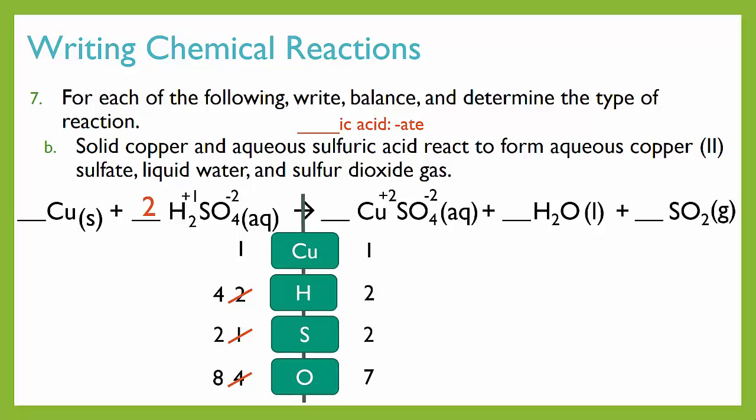So it looks like I haven't quite fixed this yet, but if we take a look at the hydrogen, if I put a 2 in front of the water, that's going to give me 4 hydrogens total, but it also changed the number of oxygen. So I have 4 from the sulfate, 2 from water, and 2 from the SO2, which will give me a total of 8.